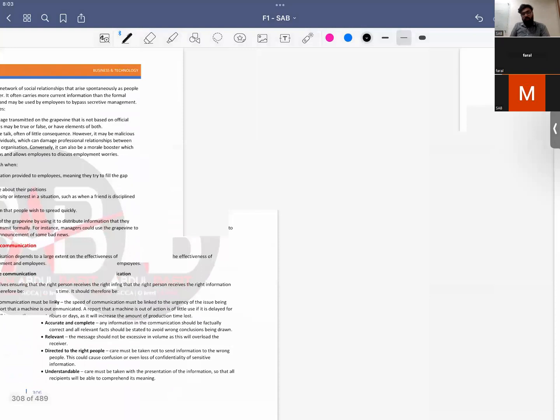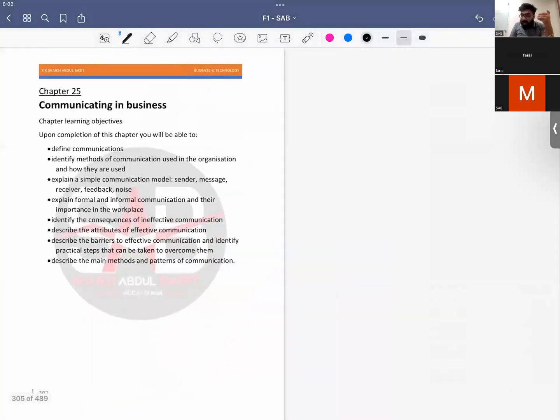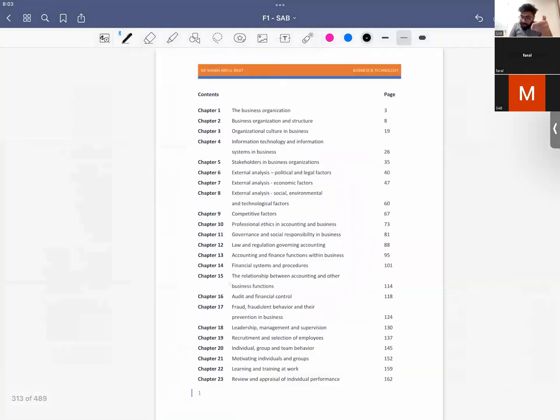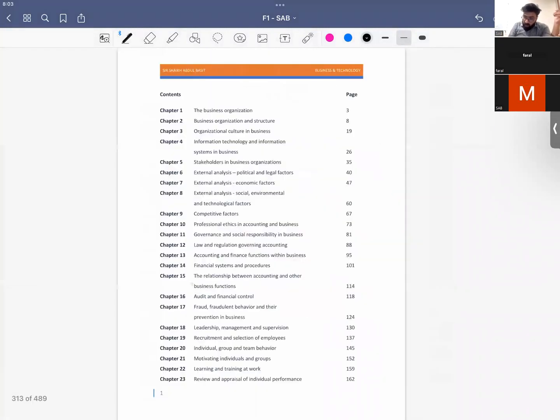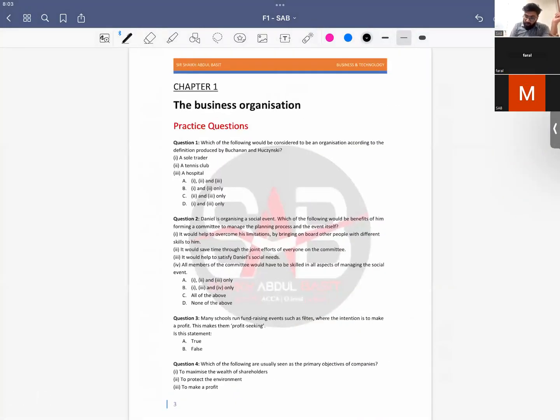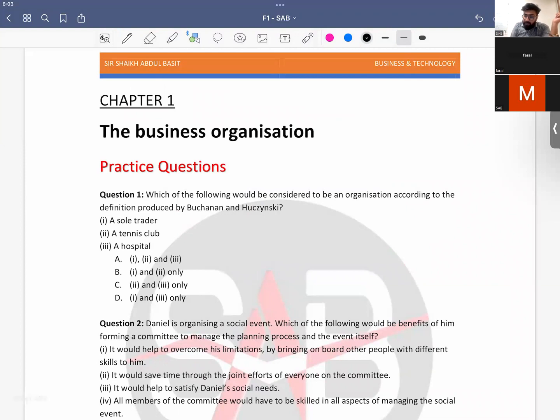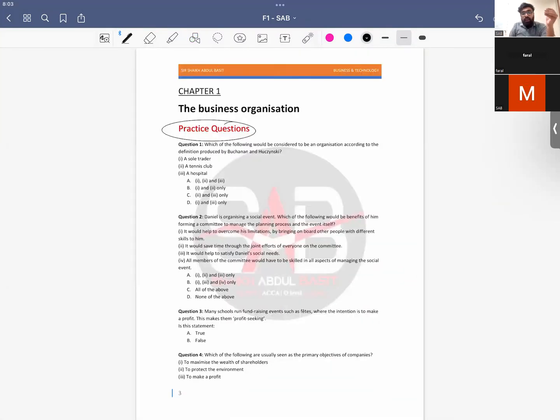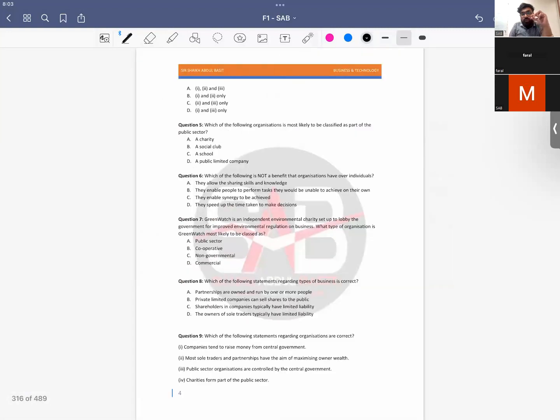After the 25th chapter, the index came again, and then here we have practice questions of these chapters. So for every chapter which we have studied, there are a number of questions which I have added. If you are done with a chapter, we can solve these questions too, to understand whether we know exactly the same thing which the examiner demands.